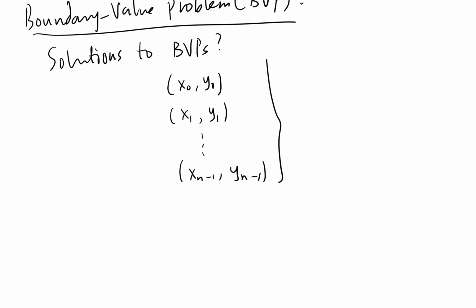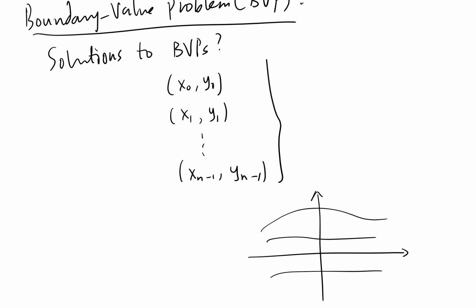Now, the difference between the boundary value problem and the initial value problem is that with the initial value problem, you can have curves like this, let's say, as solutions. And in the initial value problem, the first one we talked about, it must go through the first point, x0, y0.